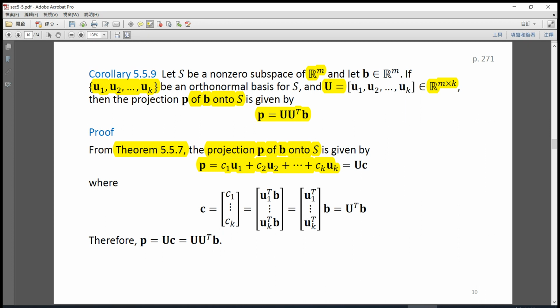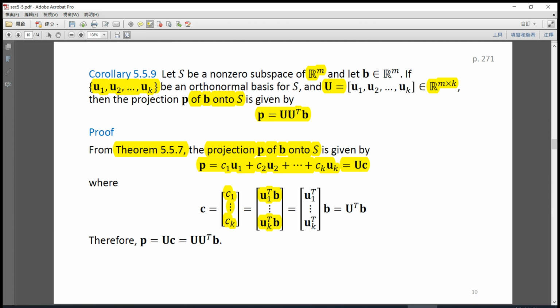Because U1, U2 up to Uk are vectors in Rm, P can be written as matrix U times vector C, where C is C1, C2 up to Ck, and C1 is the first coefficient, which equals the inner product of U1 and B, which equals U1 transpose B. Similarly, Ck is the k-th coefficient, which equals the inner product of Uk and B, which equals Uk transpose B.